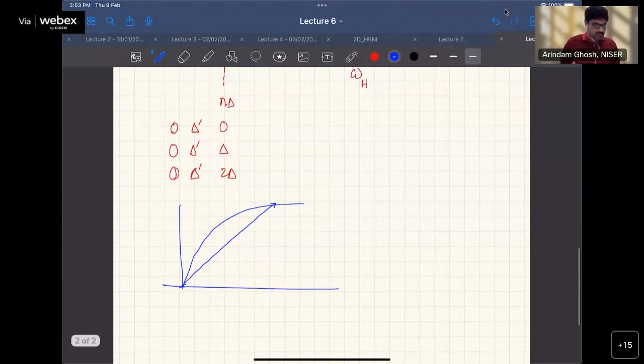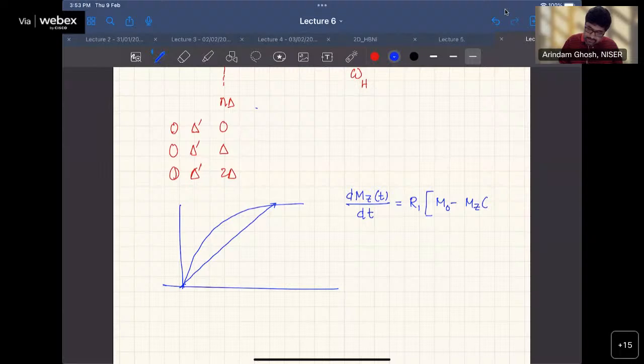So he proposed that mathematically, the rate of change of Mz, the z component as a function of t, is given by some rate constant R1 times (M naught minus Mz(t)).